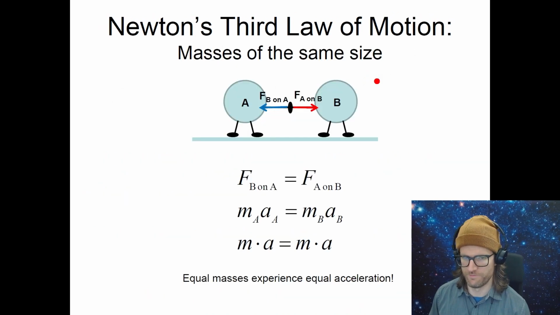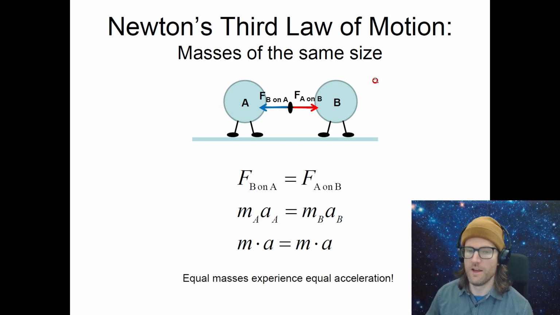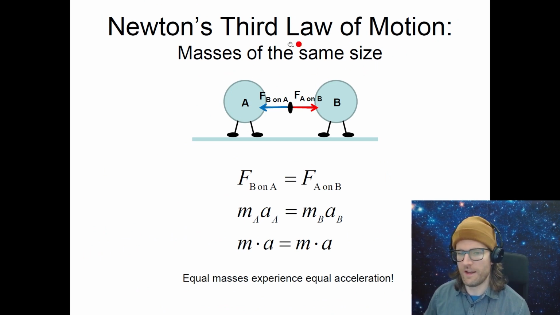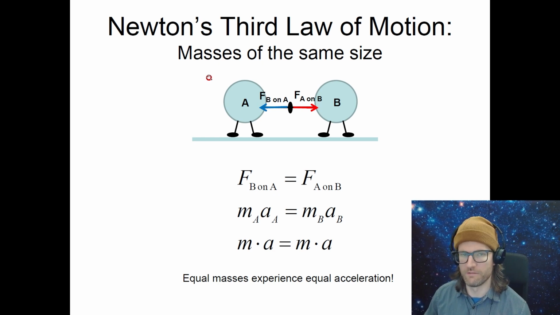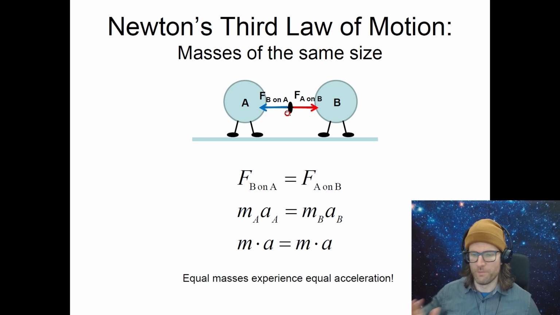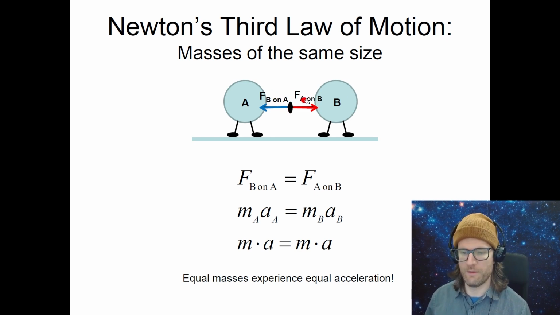This is true. Now we're going to connect Newton's third law to the masses of the objects that are reacting with one another. So this is spherical person A and spherical person B. If they're pushing on one another, we always know the forces are going to be equal and opposite. If they have the same mass, then they have the same acceleration.